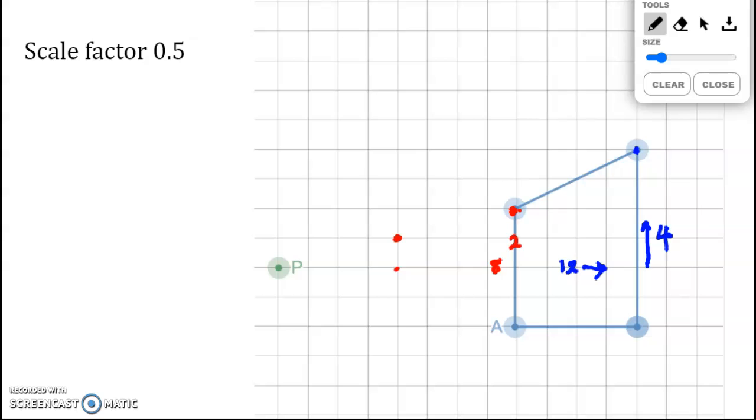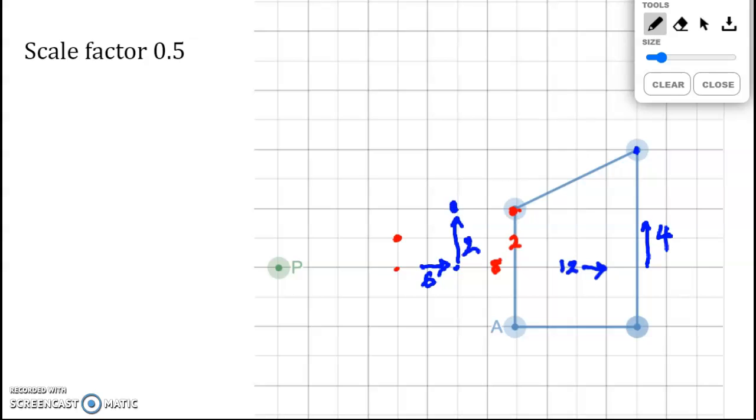Okay, so that means the new image is going to be not 12 units from the point of dilation, but half of 12, which is 6, which is here. This is 6. And then instead of 4, it will be up by 2, because 4 divided by 2 is 2.